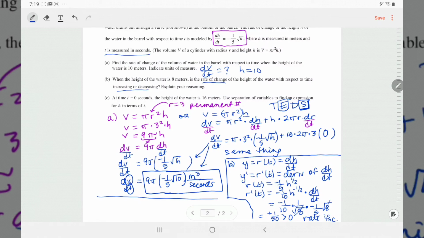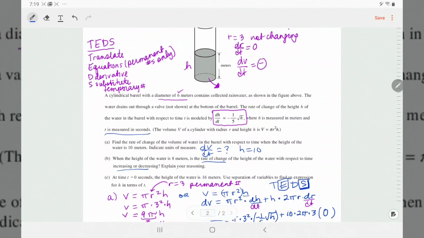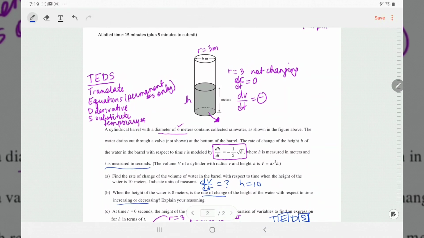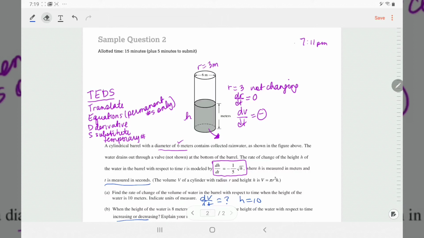Radius equals 3 meters. dr/dt equals 0 because the radius is not changing. dV/dt is negative because it's leaking. Let me erase this side so I have more space for you.